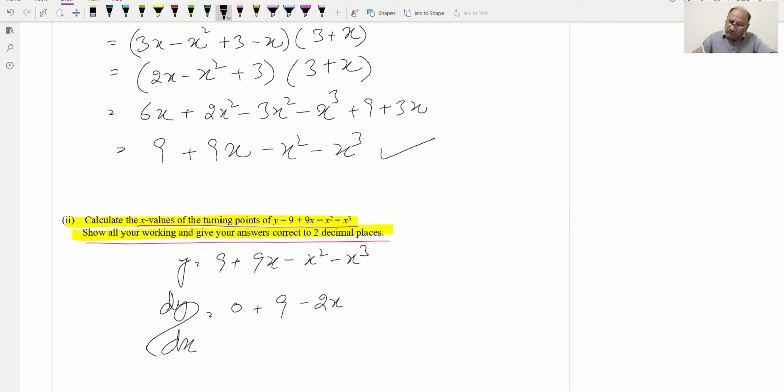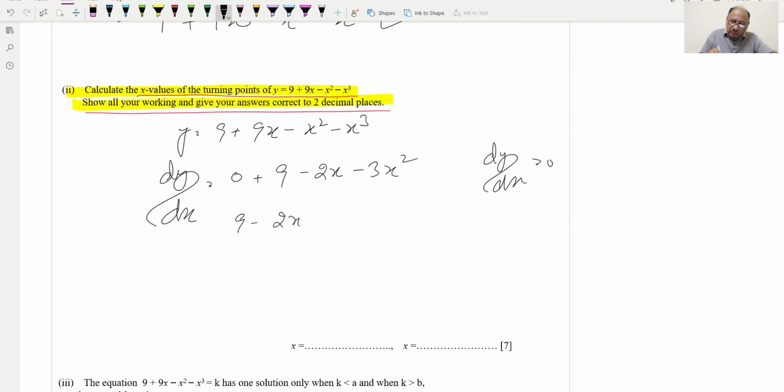Now we know that for turning points we put dy by dx equal to 0, and if we replace, 9 minus 2x minus 3x squared is equal to 0. This implies, if we change the sign, 3x squared plus 2x minus 9 is equal to 0, and this is the quadratic equation which we can solve.